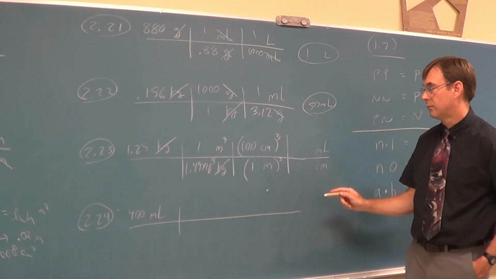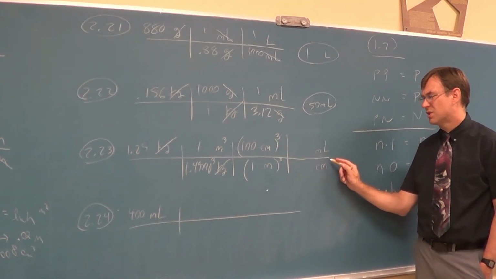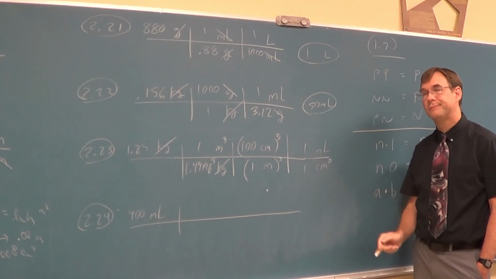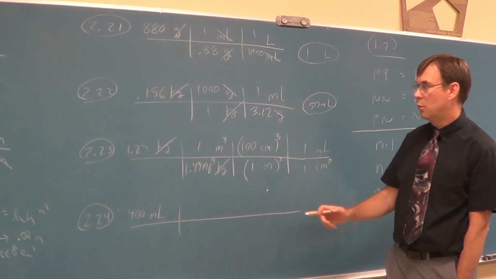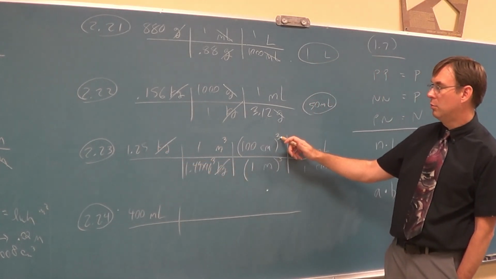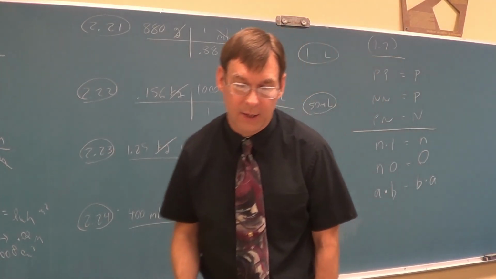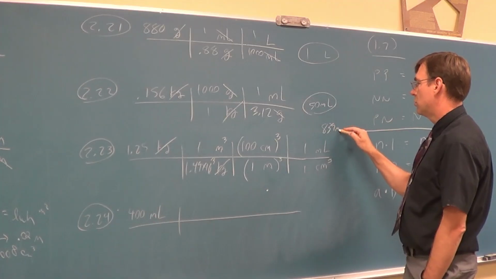So it would be 100 cubed. What was true about centimeters cubed versus milliliters? It's the same. It's 1 to 1. You don't have to write the ones, but yeah, that's a fair trade. So we would want to go 1.25 times 100 cubed, and then divide by that scientific notation-y thing, 839. 839 is what the book says, so we'll score that as a win.